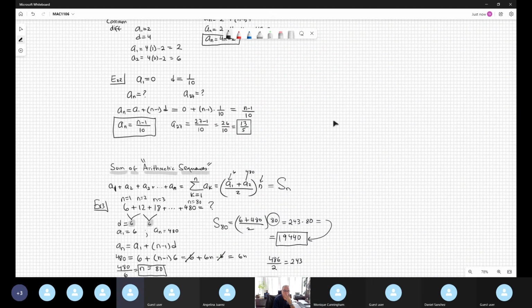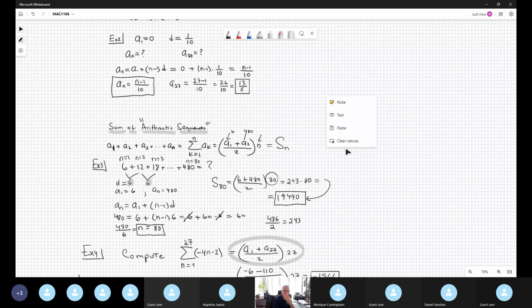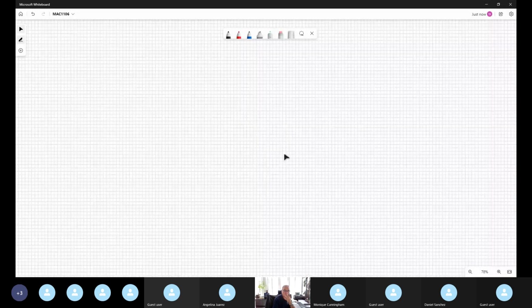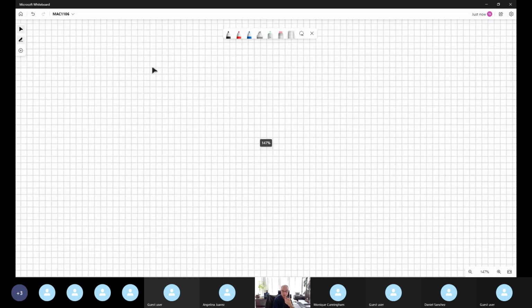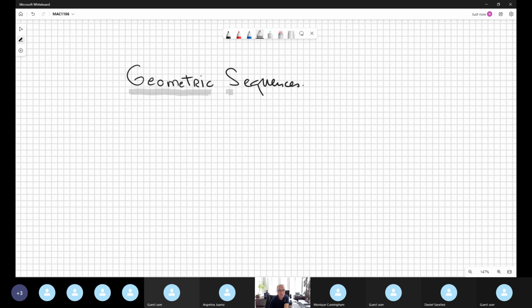Yes. Okay. Now geometry. Geometric sequence is a little bit similar. One example to understand the geometric sequence.